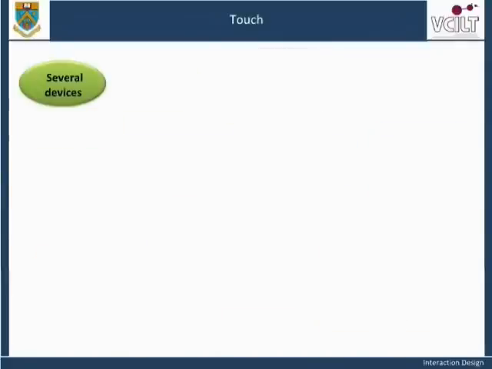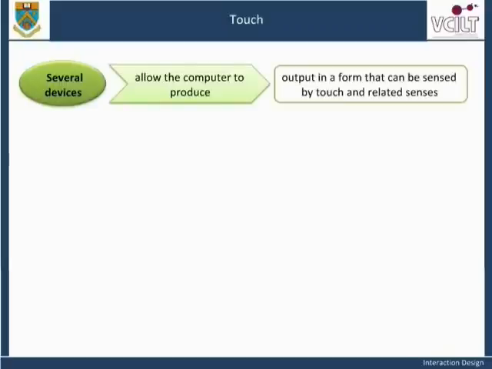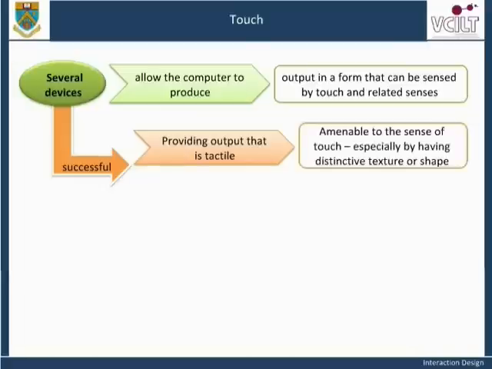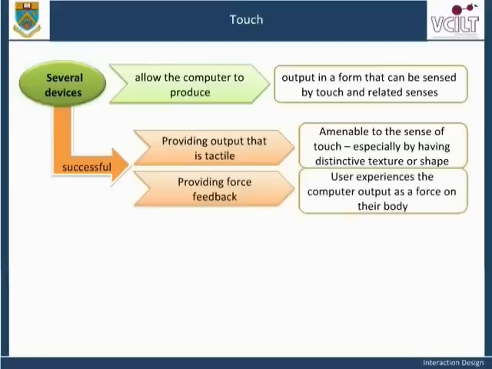Several devices have been designed that allow the computer to produce output in a form that can be sensed by touch and related senses. Such devices seem to be most successful in providing output that is tactile, that is amenable to the sense of touch, especially by having distinctive texture or shape, and providing force feedback where the user experiences the computer output as a force on their body.